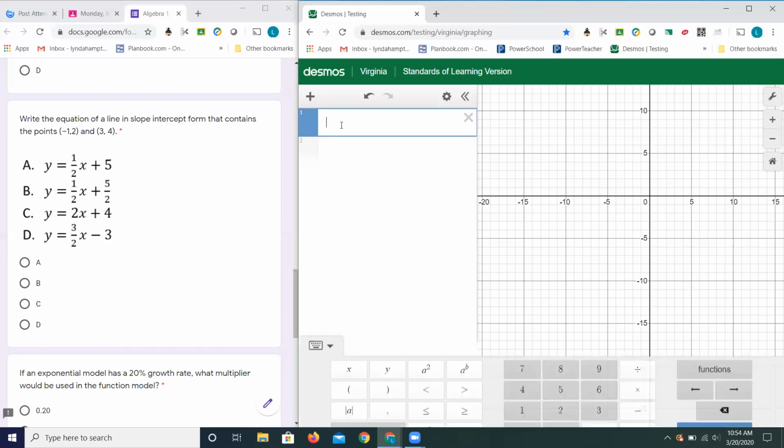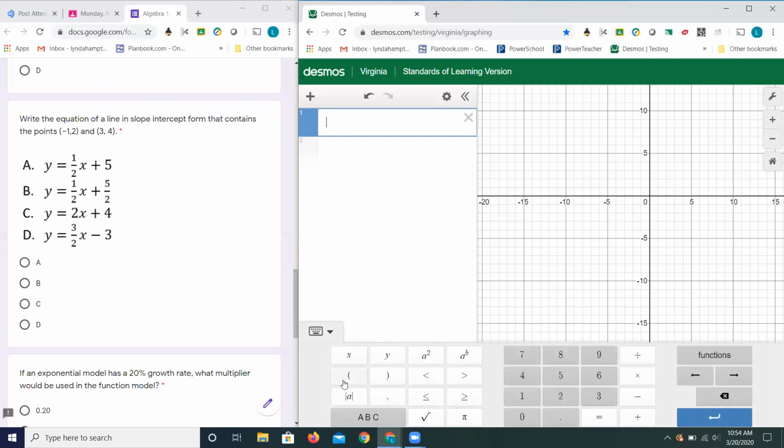Well, you can come over here and put those 2 points in, -1, 2, hit the wrong key there, sorry. You can also put in the other point, which is 3, 4.